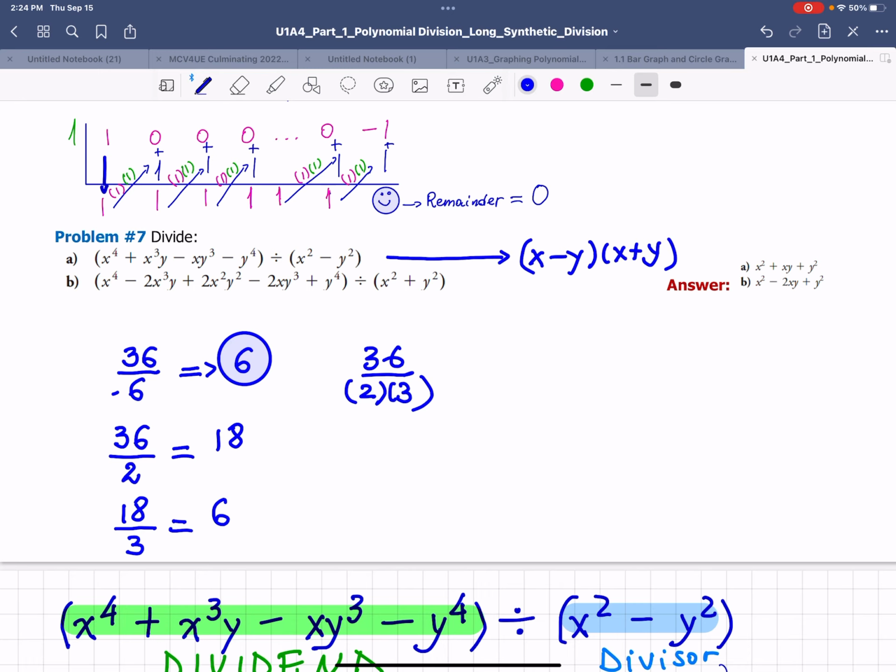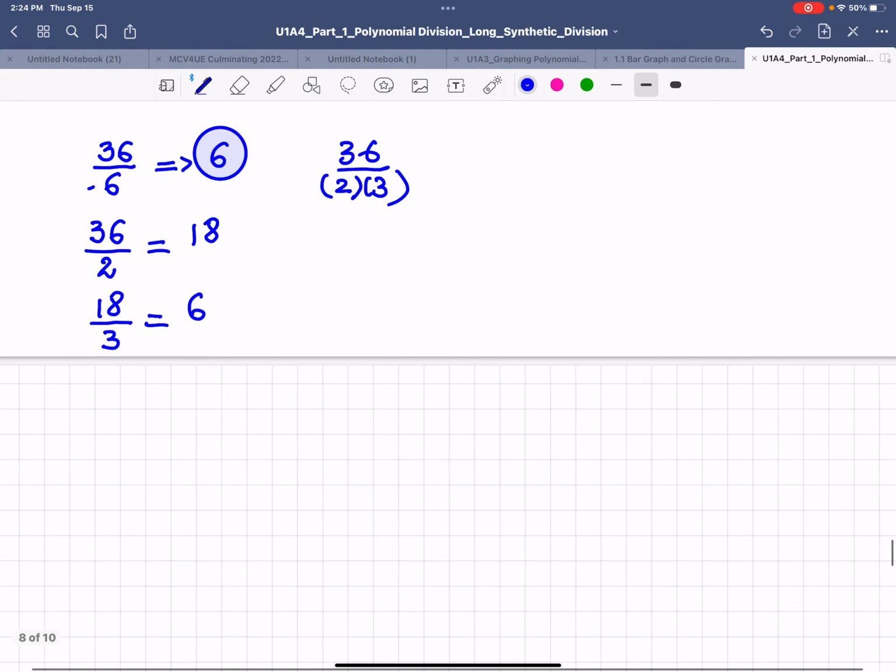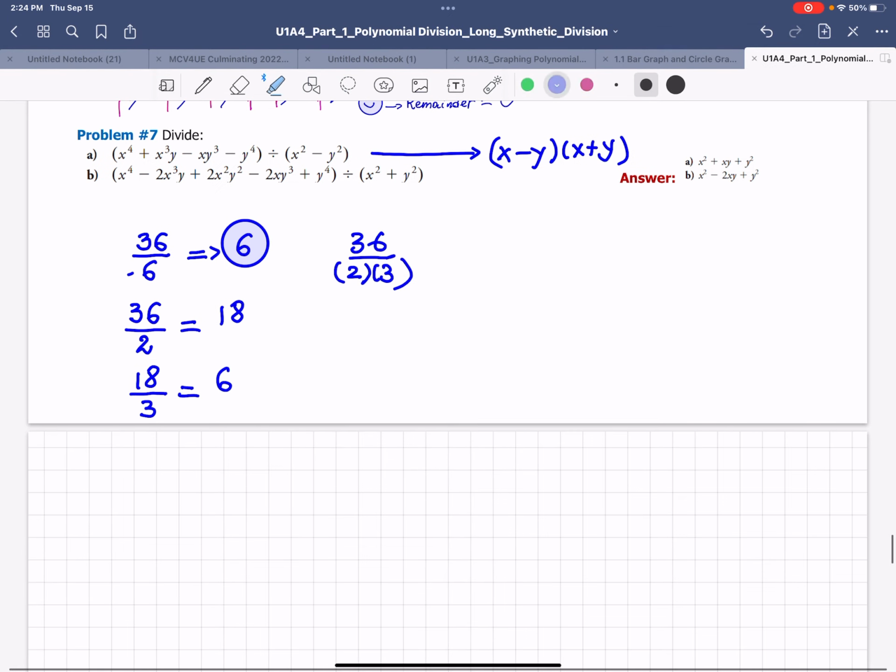What we can do in this case is divide the polynomial by x minus y first, which is the first factor, and then divide whatever quotient you obtain afterwards by x plus y. That would make the division a little bit easier, because dividing by a divisor in binomial form, first degree, is less complicated than dividing by a polynomial of a degree higher than 2.